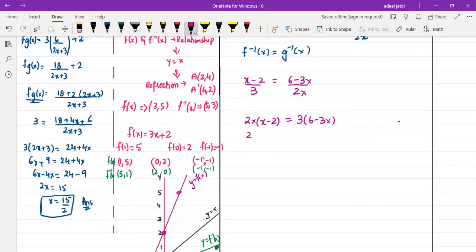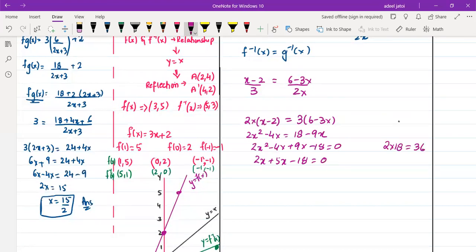This should be 2x squared minus 4x. 6 times 3 is 18 minus 9x. 2x squared minus 4x plus 9x minus 18 should be 0. 2x squared plus 5x minus 18 is equal to what? 0. So 2 into 18 will become 36.